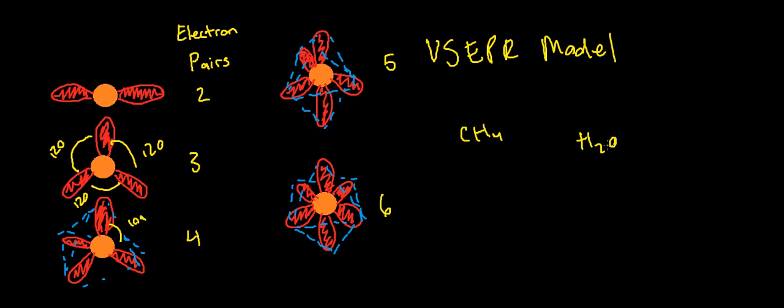It has 2 bonds. So many people might think to give it linear geometry, but it in fact has bent geometry. And the reason for that is because it also has 2 lone pairs, 2 non-bonding pairs. So it in fact has tetrahedral geometry. 2 of these would be bonding pairs, and then 2 of these would be non-bonding pairs, lone pairs.